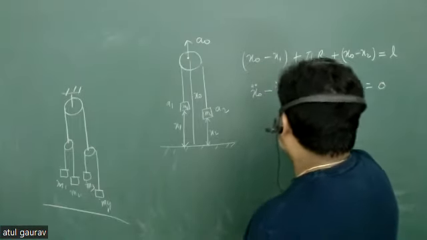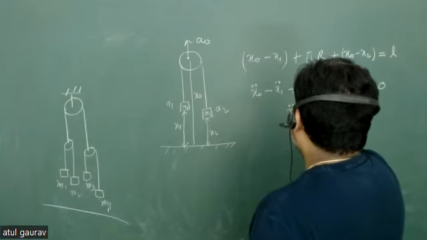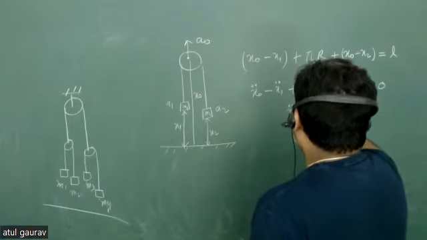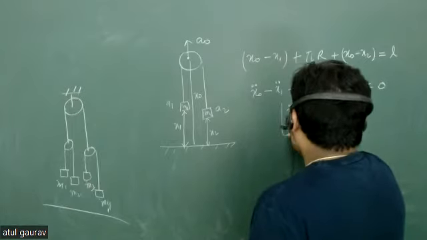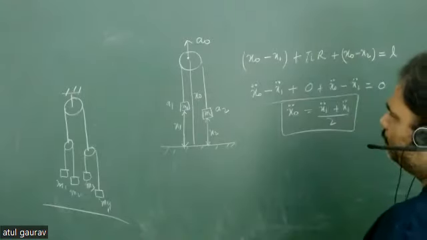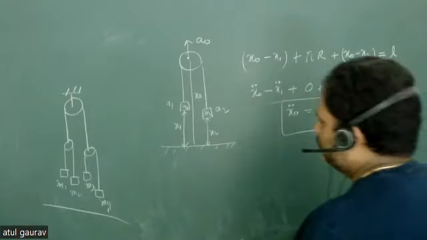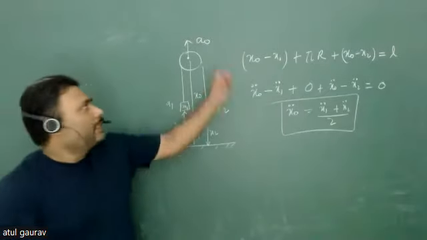And what is your next answer? The next answer is that x0 double dot is equal to (x1 double dot plus x2 double dot) by 2. Now you can see you can easily solve this particular problem, isn't it?